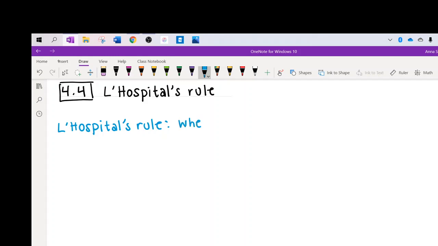So when finding the limit as x approaches a, and as I mentioned in yesterday's video, a in this situation could be either a number or it could be plus or minus infinity. There are two different situations.